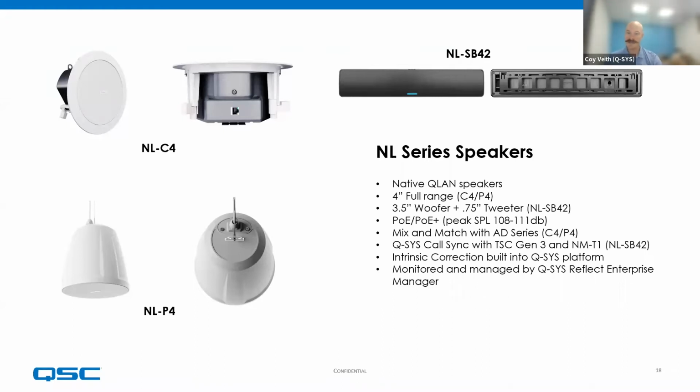The nice thing is they're native devices, so you're not worried about any kind of scaling needed for Dante. Being QLAN, you're using your network streamed channels, but you have full control and full monitoring of those, as you would any of our other QLAN devices.